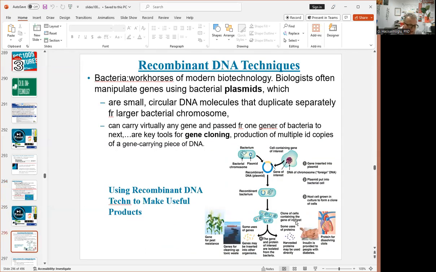There are other recombinant DNA techniques. Bacteria are commonly used, and bacteria have bacterial plasmids, which are their circular DNA. A gene might be cloned there and transferred to another organism, like plants. You can see here the bacteria inserted this specific plasmid with a gene of interest, and once it's there, it's transferred to a plant, in this case corn. Or we will see insulin, for example, for diabetes patients.